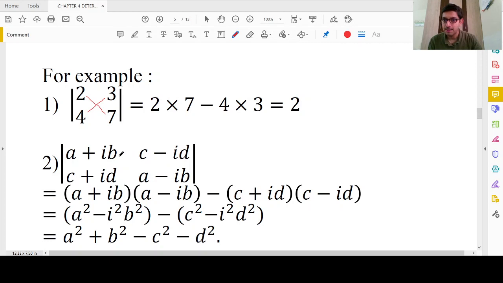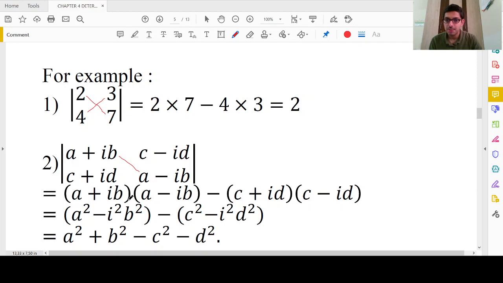One more example: a plus ib, c minus id, c plus id, a minus ib. First find the product of the diagonal elements, a plus ib into a minus ib, then minus the product of the non-diagonal elements. Here i is the imaginary number, square root of minus 1.